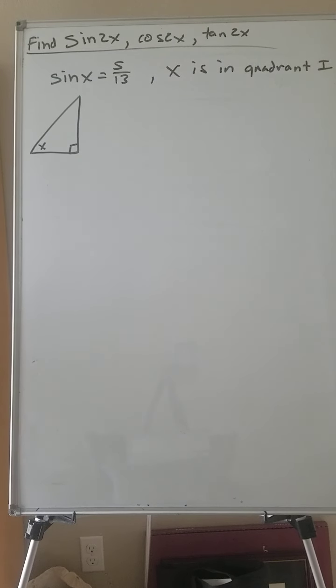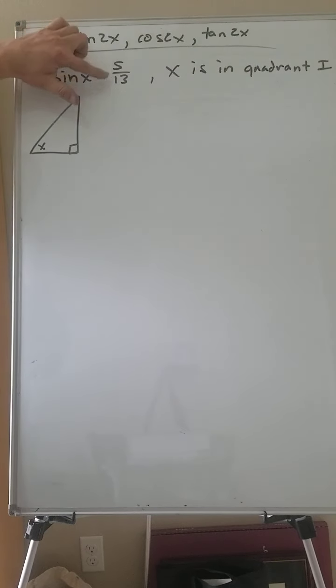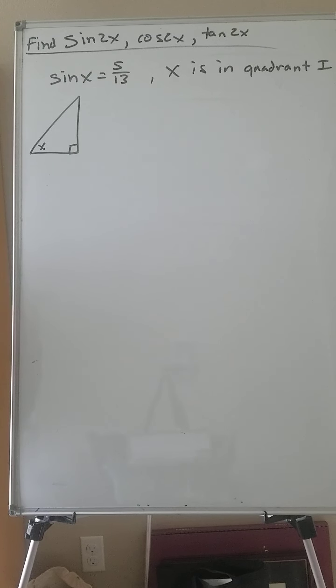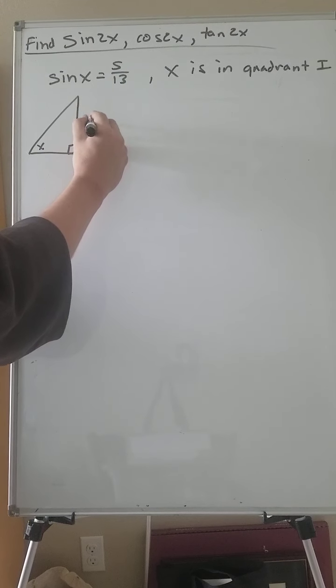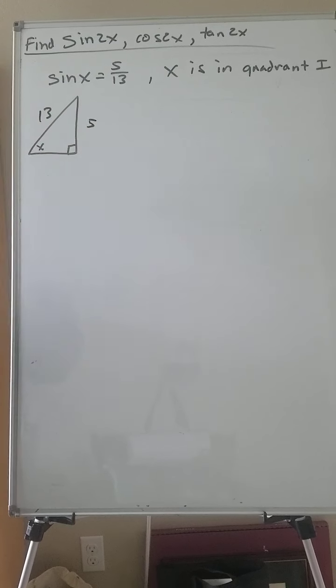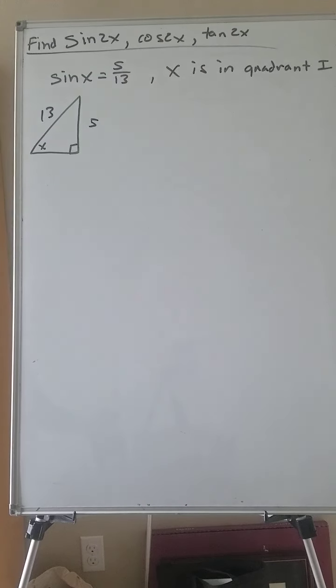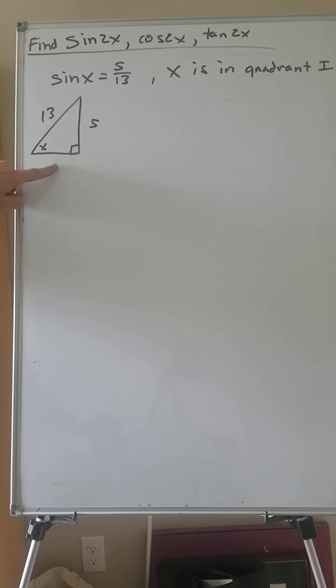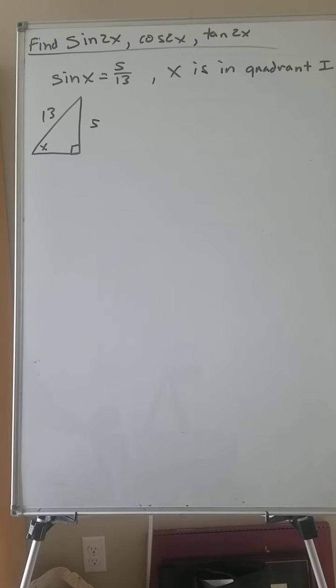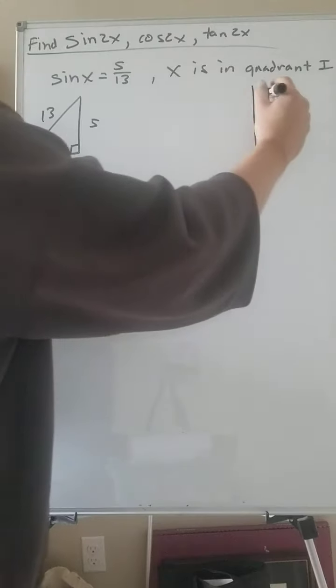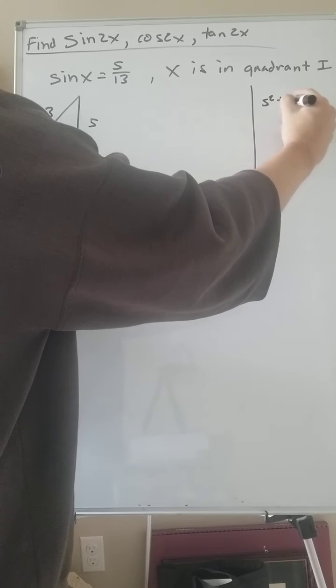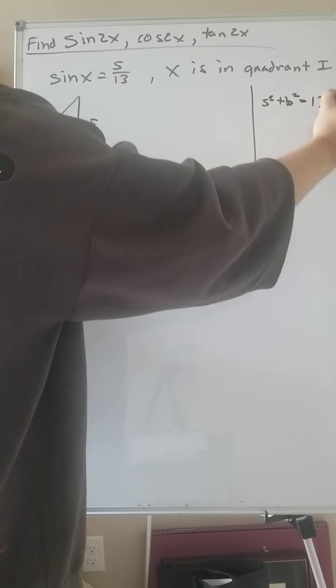They say that the sine of my angle is 5 over 13. And again, what sides of the triangle does sine form the ratio of? It's the opposite over the hypotenuse. The opposite side is 5, the hypotenuse is 13. So if I was looking for this side right here, I would use the Pythagorean theorem. Let's call this b for now. So 5 squared plus b squared equals 13 squared.